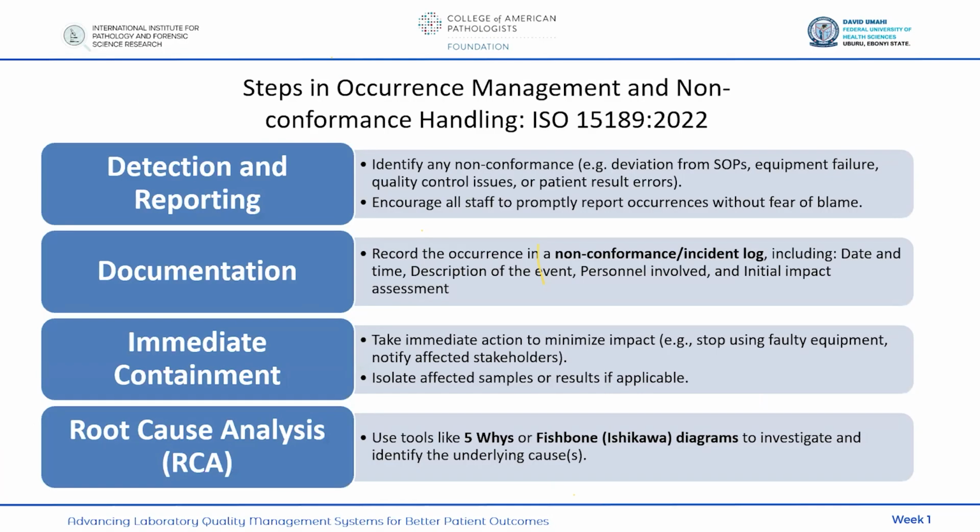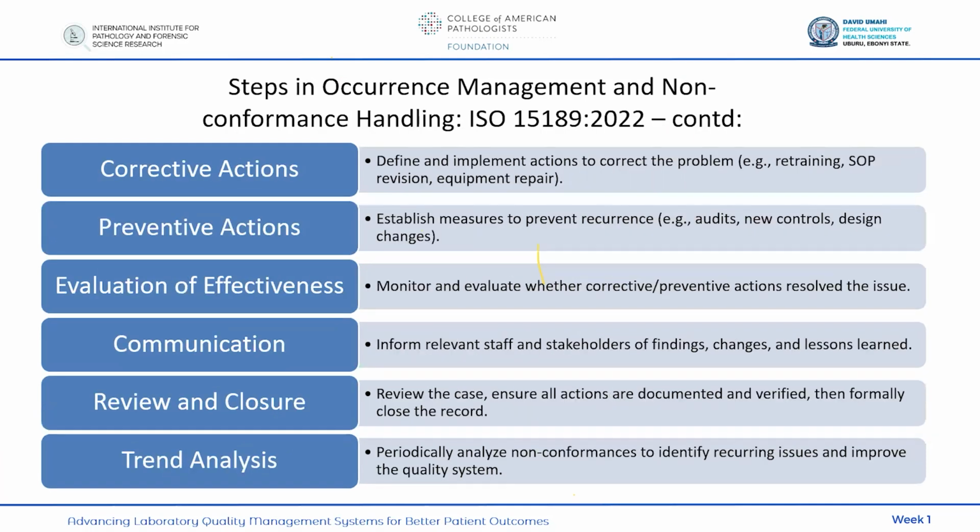So in summary: detecting and reporting, documentation, immediate containment, and root cause analysis. So that is what we need to do. The steps we need to take are corrective action, and, as I've said before, preventive actions, and then evaluating the effectiveness of the action we have taken, then communicating to those that are important.